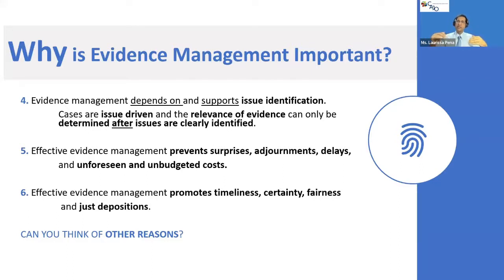The CPR says the first thing under part 26, I think, is identification of issues. Relevance of evidence can only be determined after issues are clearly identified. So that's another reason why evidence management is important, because having identified an issue, without evidence, we can't deal with the issue. So it depends on and supports issues. Very important, and this was the old expression, trial by ambush.